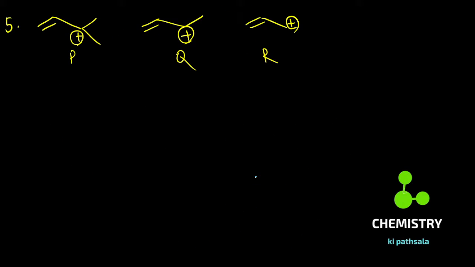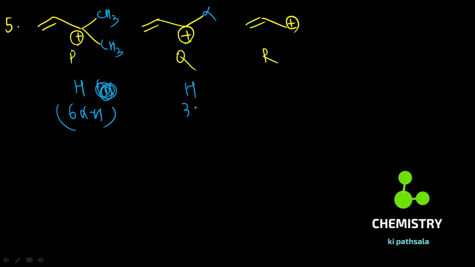Now question number 5. Now you can find here there is CH3 here and CH3 here. That means you have stability of this carbocation because of the hyperconjugation, that is 6 alpha hydrogens. Here in this case there are 3 alpha hydrogens, right?